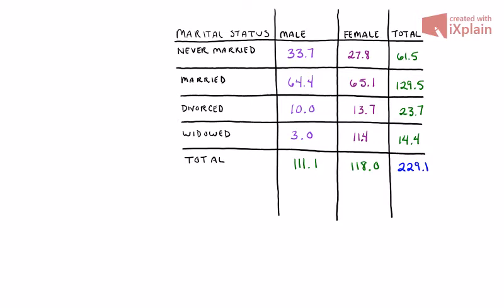So to jump ahead a little bit from your book, essentially what we want to note here is if we were writing that in probability notation, we would basically be saying, let's find the probability that someone is widowed given, so I'm going to use this straight vertical line, and this vertical line means given, that someone is female.